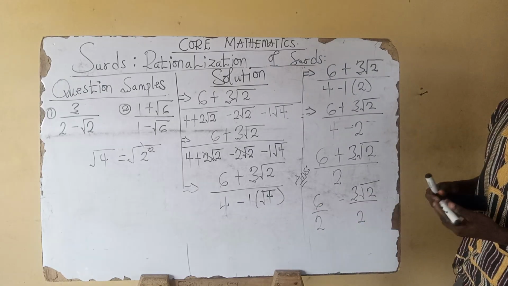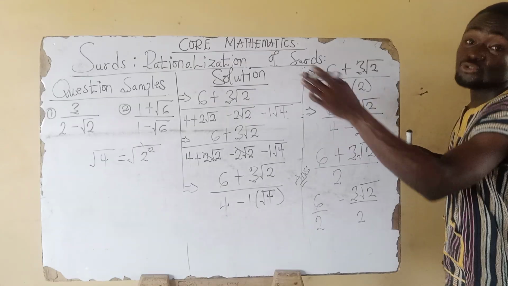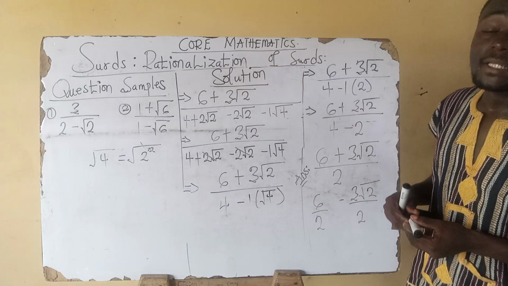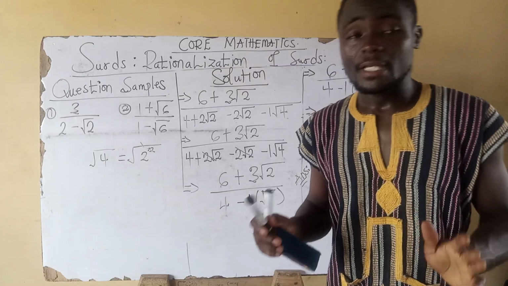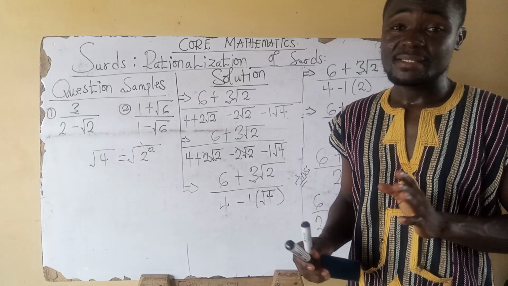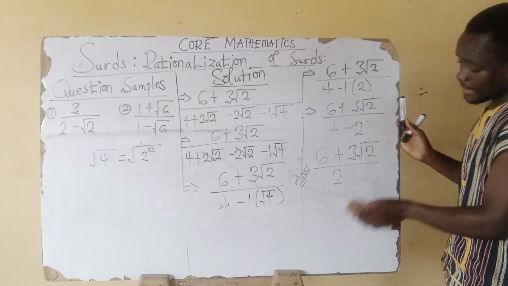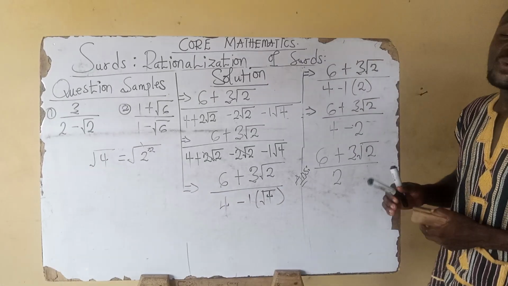That one is accepted. But when you decide to cancel the 2 here by the 6 straightforward, I am sorry, it is mathematically inaccurate. It is not accepted in mathematics. Okay, very good. So we will end here as our final answer, and this is what we are having.